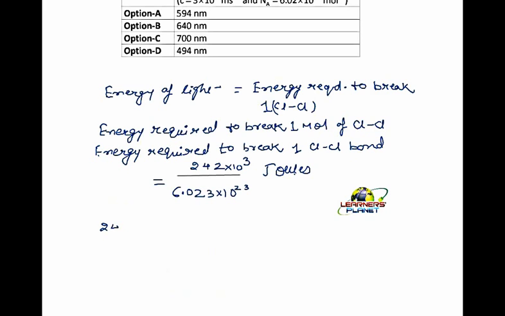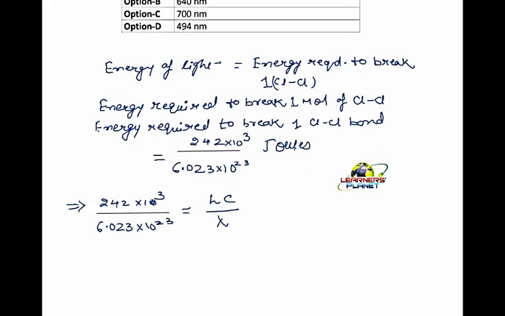So 242 into 10 to the power 3 divided by 6.023 into 10 to the power 23 is equal to the energy of light, that is hc by lambda.